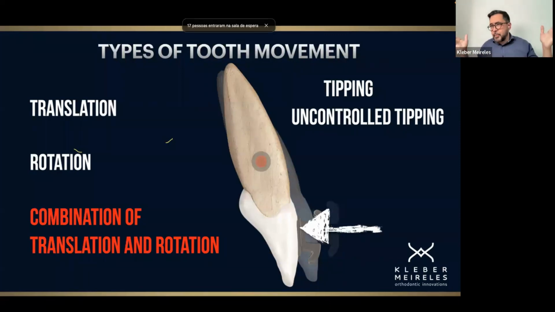Let's say, for example, using a removable appliance with just one force at the level of the crown. This force that we are applying at the level of the crown, if we don't have another force in the system, is going to give us something like this. Crown is going one direction and root in the other direction, okay? And this is very bad in most of the cases.